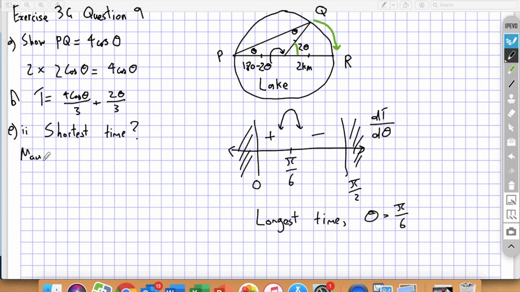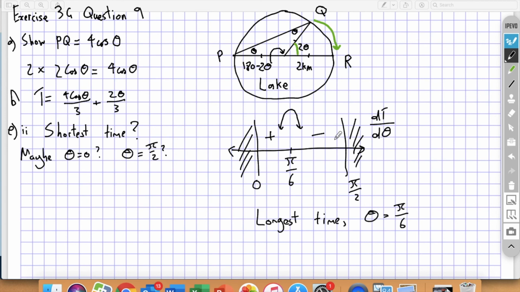Maybe we've got theta equal to 0, or maybe theta is pi on 2, right? So don't forget that you can get an optimal solution at a boundary, right? Because this shortest value will not be a minimum, right?